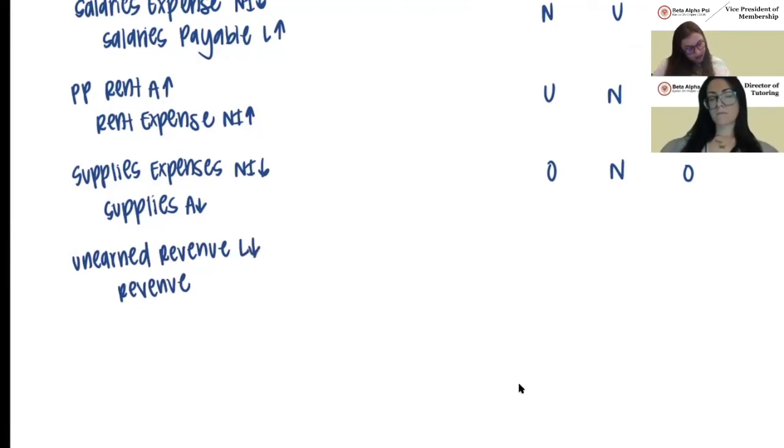And our revenue account is going to affect net income, and a credit to that is going to increase our net income. So no assets are affected in this problem, so there's going to be no effect on our assets. Now for liabilities, they should have been decreased, but they weren't. So our liabilities are going to be overstated. Now for revenue, it should have been increased, but it wasn't. So our net income is going to be understated.